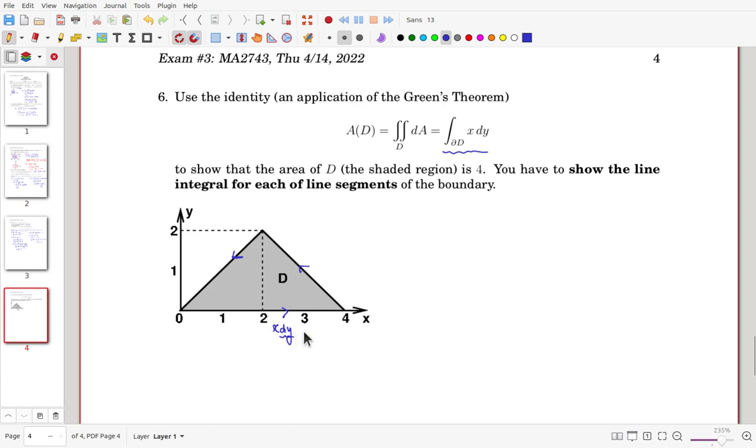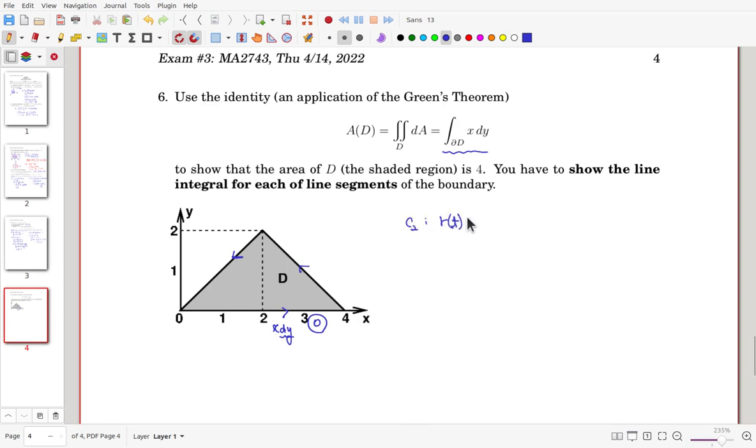For x dy along C1, in y there's no change, so that contribution must be 0 quite easily. How about C2? You have to parameterize this one.